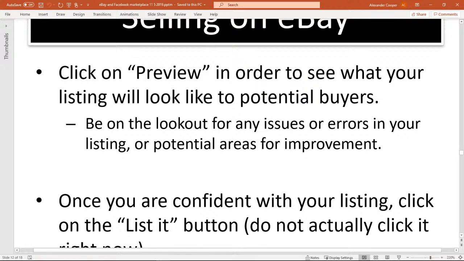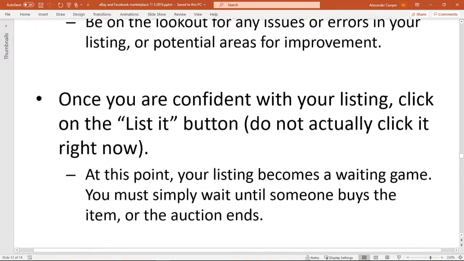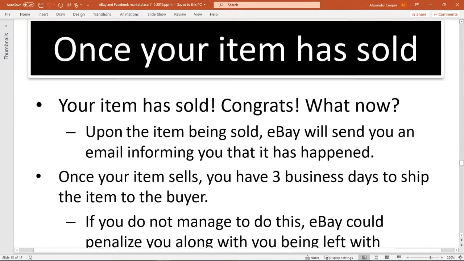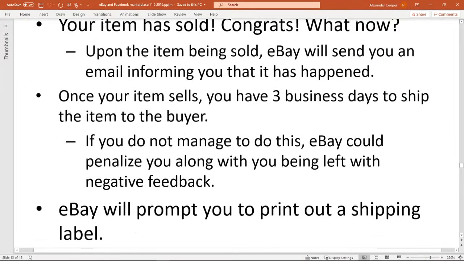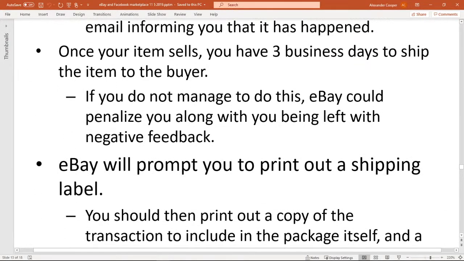So if you decide to drop the price $5, you can actually go in, tell it to send everybody that added it to their wish list, and then they'll get that information. So you'll get a congratulations, it's sold. Need to ship your item within 3 business days. Is really what you want.